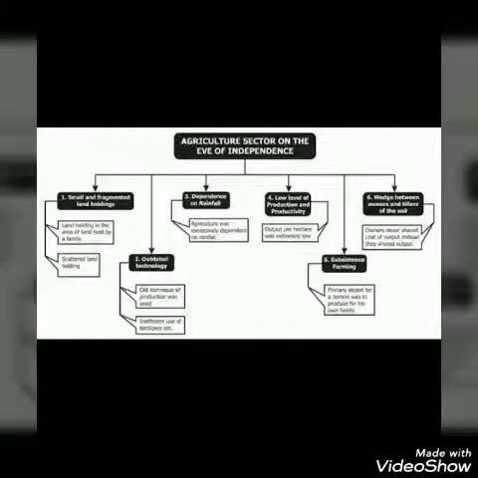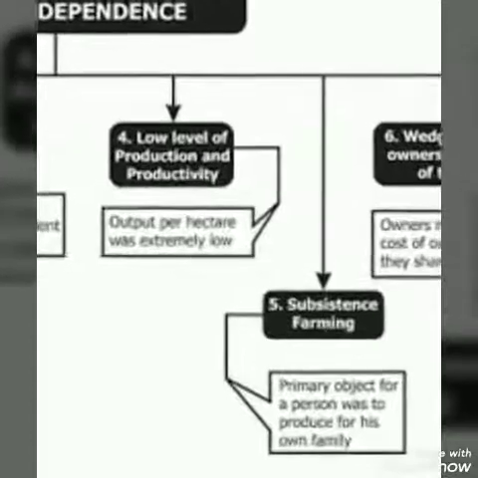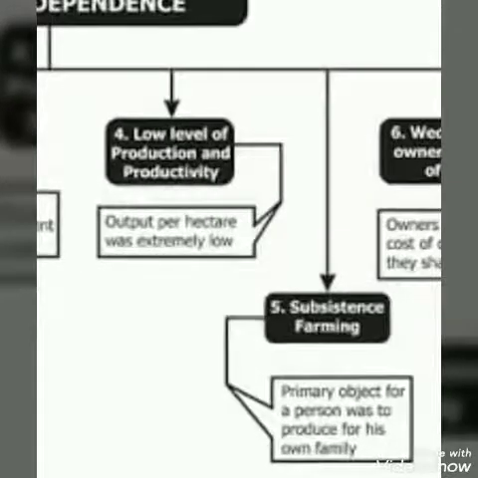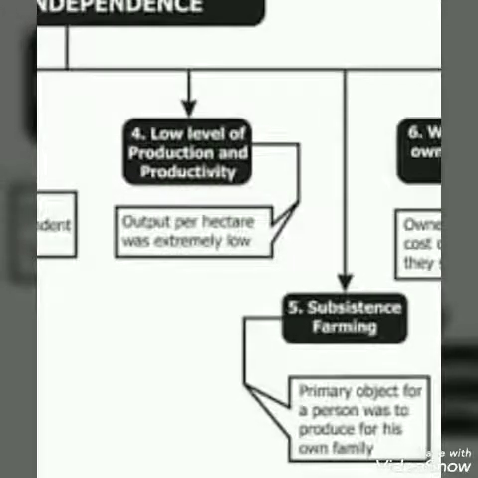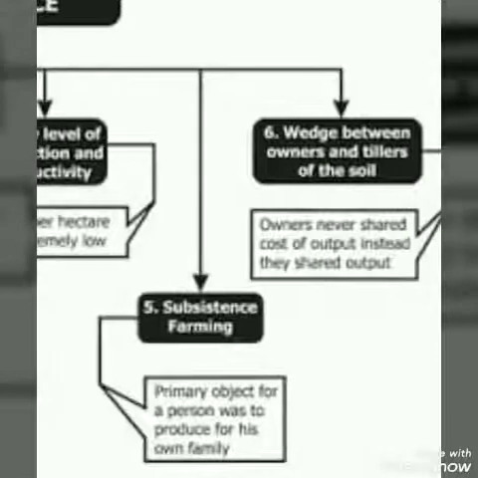In the agriculture sector, the first thing is low level of agriculture productivity. Agriculture productivity became very low, and this stagnation in the agriculture sector was mainly due to the system of land settlement that was introduced by the British government. At that time the zamindari system, the landlord system, came into being.